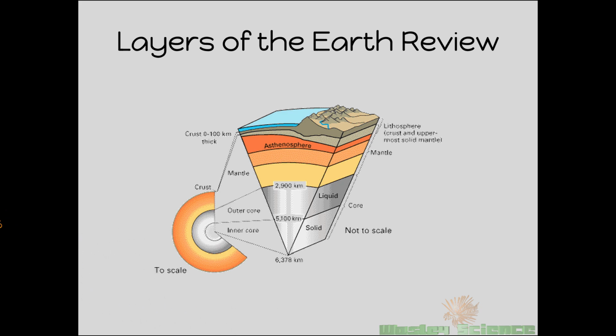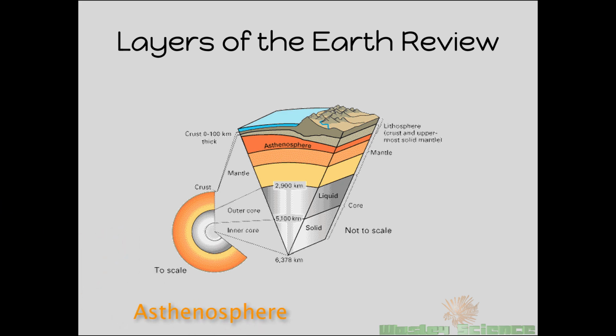And then we have the mantle, and something we did not do before with the mantle is we did not break it down into its different parts. Most of the earth is mantle. The top of the mantle sits directly underneath the Earth's crust, which has another name, the lithosphere. That's what we call the Earth's crust. The layer of the mantle that sits underneath the Earth's crust is called the asthenosphere.